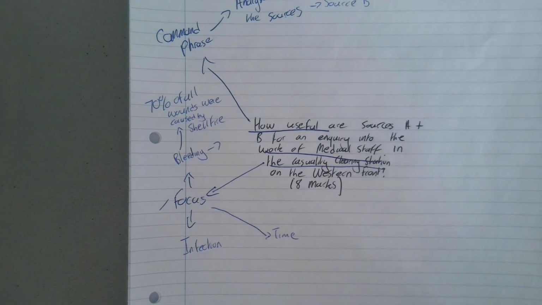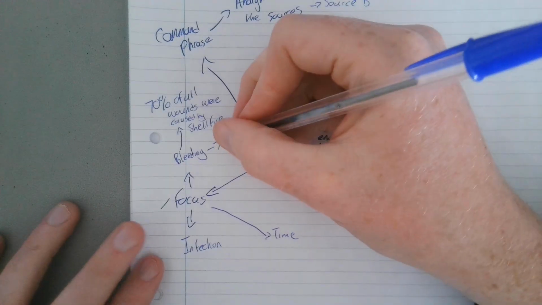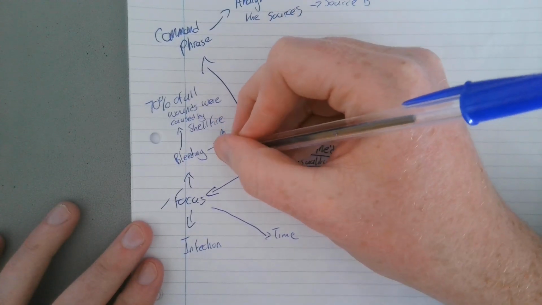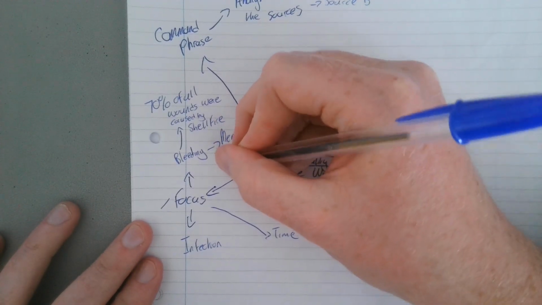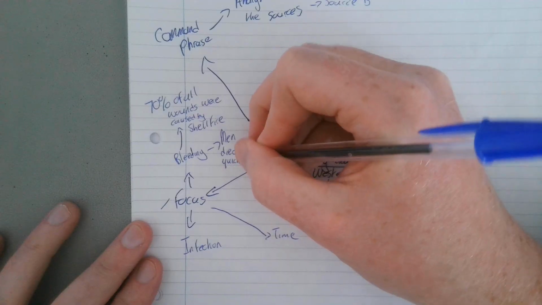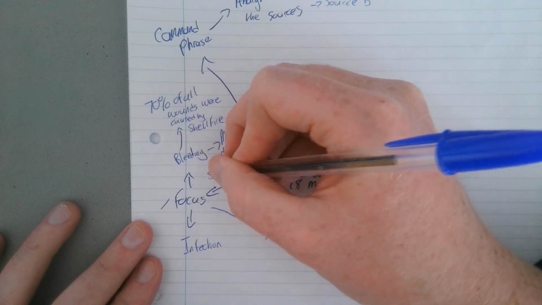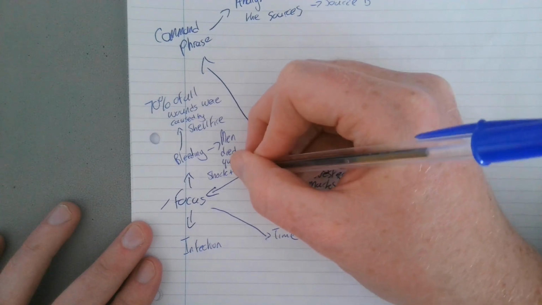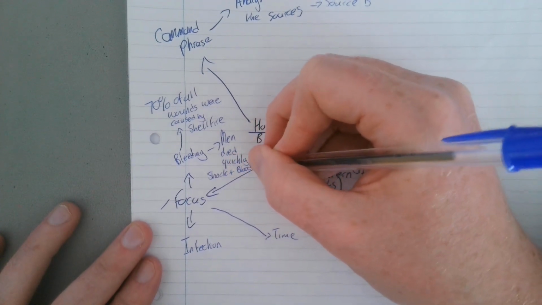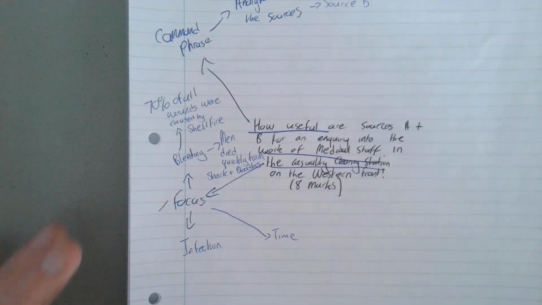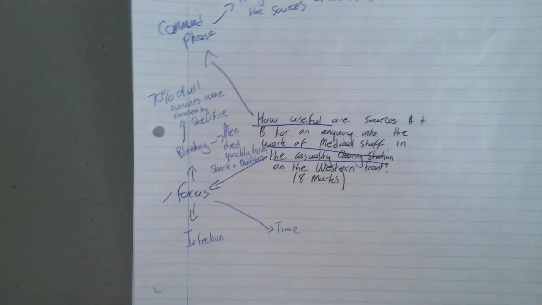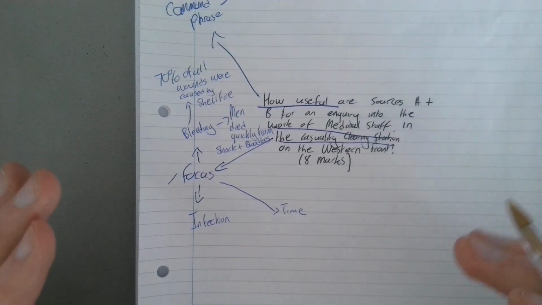What other knowledge might we know? Well, in essence, men died quickly from shock and blood loss. So we've got two facts to fit in with bleeding.